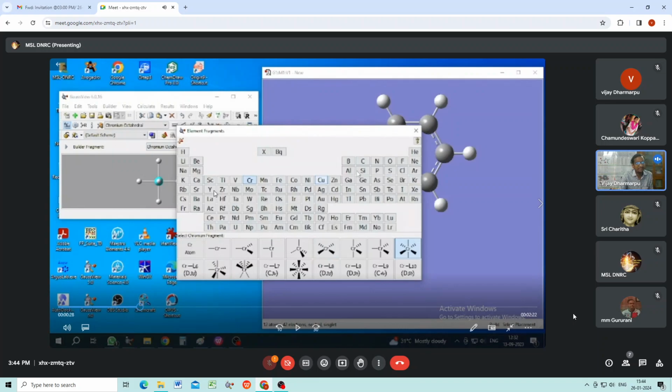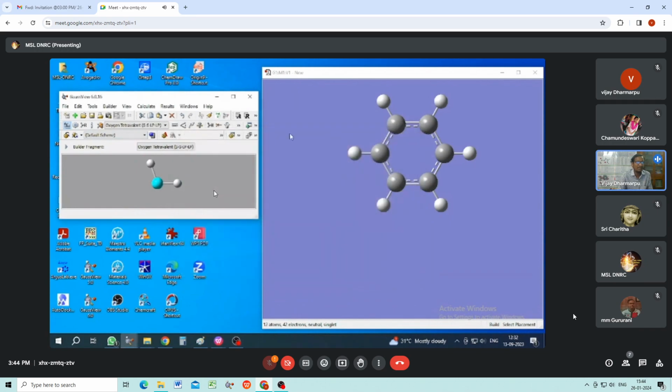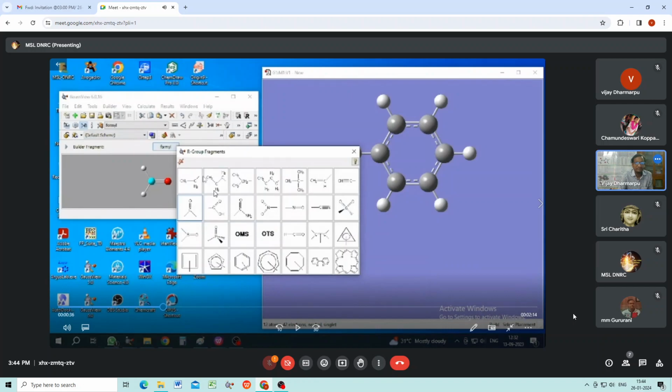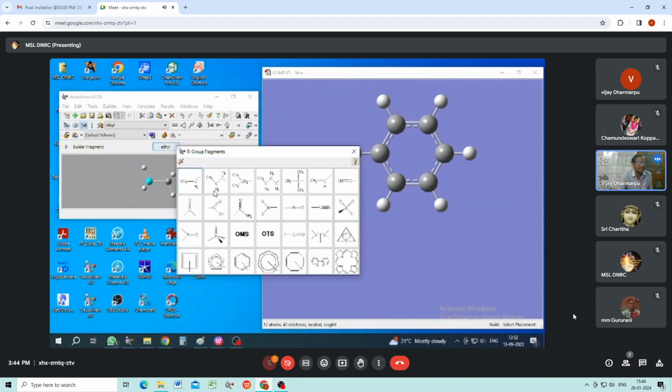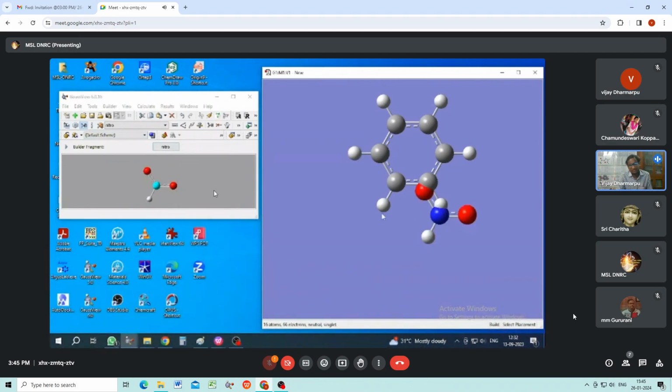So we just take that structure, and we construct whatever molecule we want. These are the formal groups, R groups. We are all very well aware of these R groups. So R groups are also there. If any group is missing, we can construct it like this.